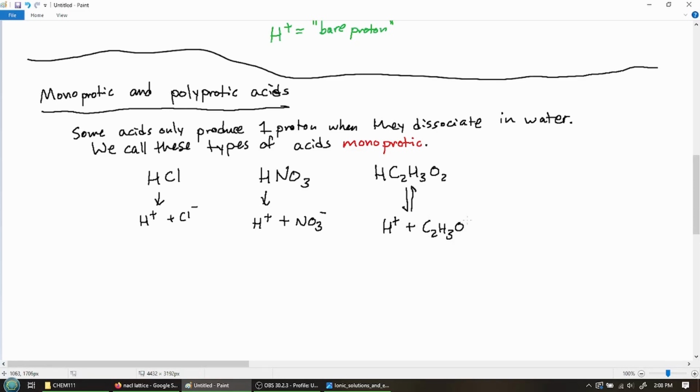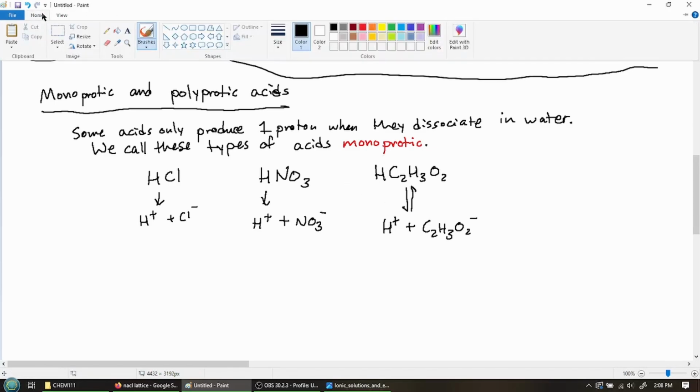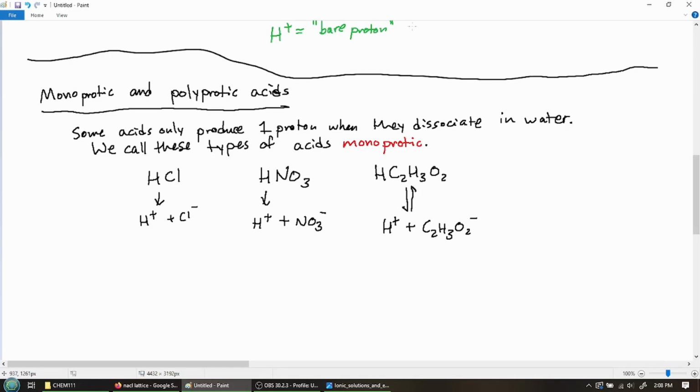So when that splits apart, we're going to wind up with protons and acetate anions. But we're only going to end up with a single proton for each of the acetic acids that dissociate. Remember, because acetic acid is a weak acid, most of it's not going to dissociate. But for each molecule that does, we're only going to get 1 proton. Okay, cool. So that's what a monoprotic acid is.